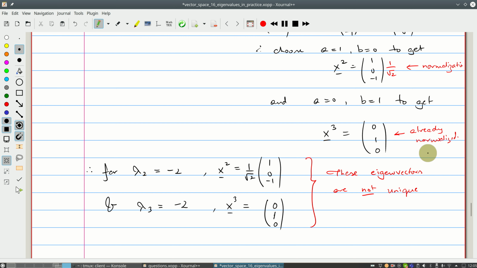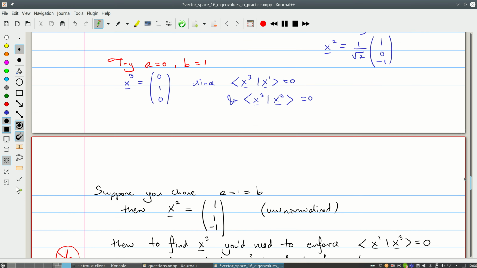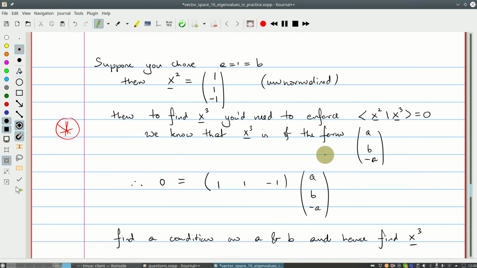You can find any linear combination of these two that will satisfy the conditions for finding eigenvectors for this particular matrix. It's up to you to choose one of those combinations. Now, this happens to be the simplest choice. Any other choice will be slightly more complicated. One of those more complicated choices is the one I've put down here as an exercise for you, where x2 is 1, 1, minus 1, and x3 will need to be found by imposing the orthogonality constraint.